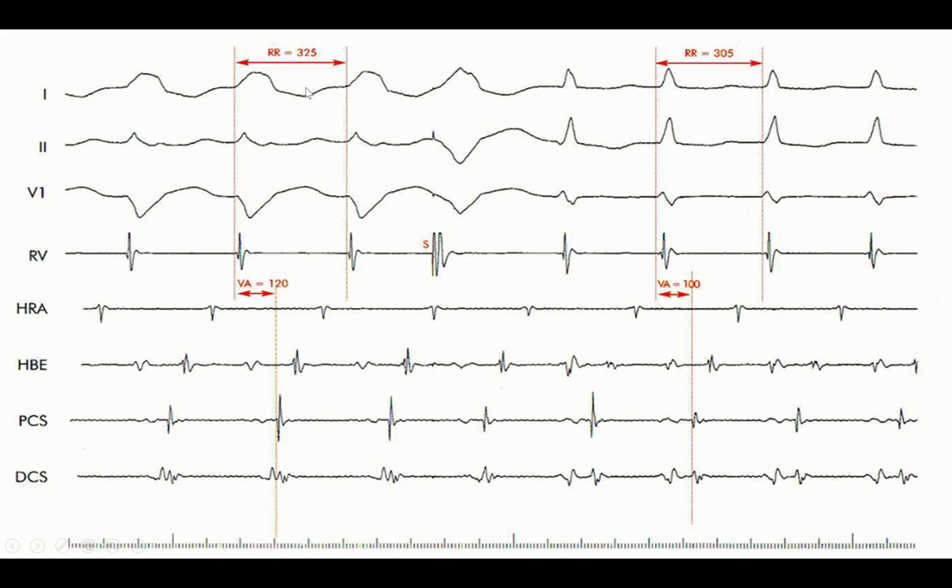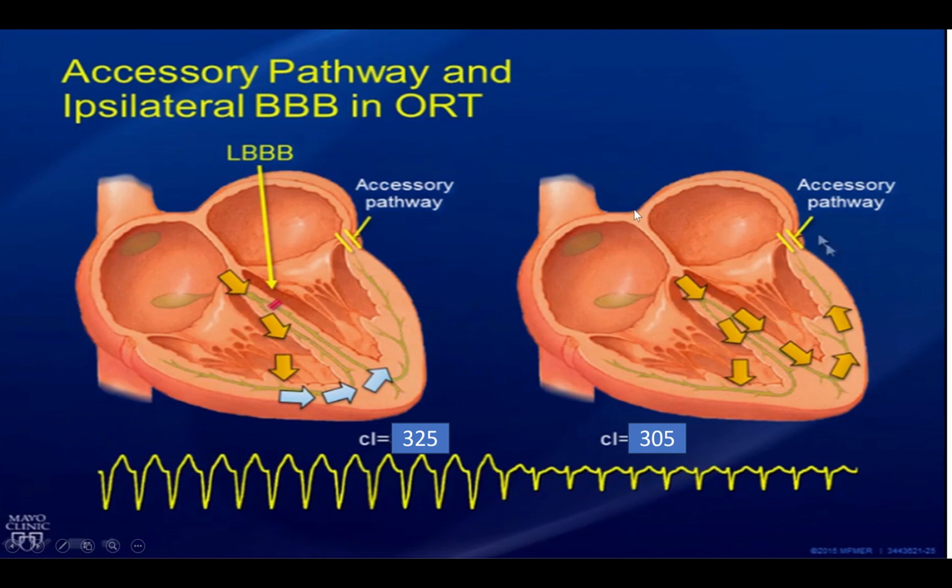And to understand the concept, let's look at the right side, in which the patient has a narrow complex orthodromic tachycardia. The impulse goes down the AV node and retrograde through the accessory pathway, in which we can see the cycle length 305 and VA is short, about 100 milliseconds.